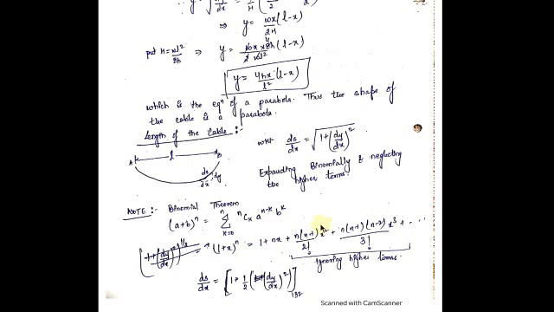We have to ignore the higher terms x square, x cube, x4. So you will get the expansion of 1 plus x to the power n equal to 1 plus nx. So ds upon dx equals 1 plus nx, and n was half, so plus half into x, and x was dy by dx whole square. So I can write ds by dx equal to 1 plus half dy by dx whole square.